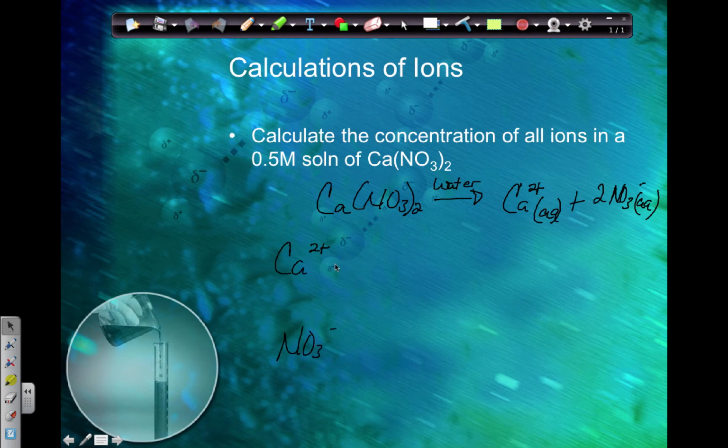So I know that I have 0.5 moles per liter in this solution of calcium nitrate. So I'm starting with 0.5 moles because I have 0.5 moles here. It's asking for the concentration, not the amount. So I can assume that I have 1 liter of solution here. So I have 0.5 moles of calcium nitrate.